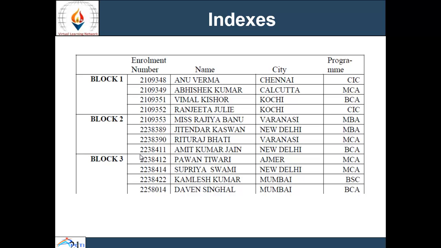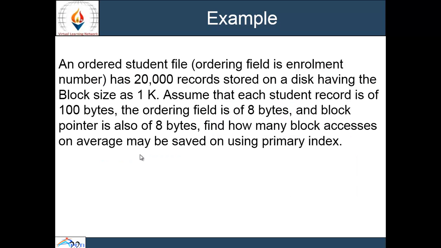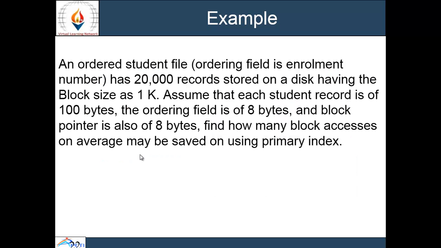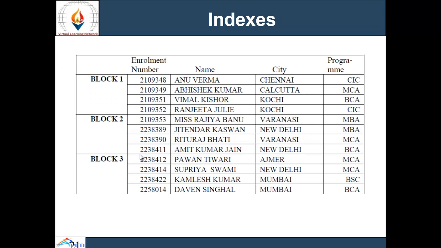Now, let's see an example. An ordered student file in which the ordering field is enrollment number has 20,000 records stored on a disk having block size 1K, which means the size of one block is 1K.